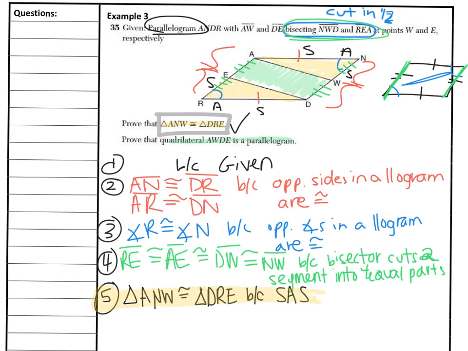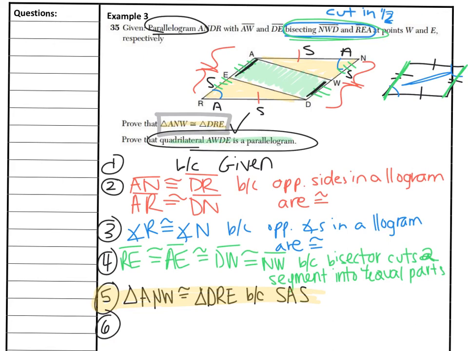Okay, so now the second one says prove that we've got this quadrilateral that is actually in fact a parallelogram. So we so far have one pair of opposite sides congruent. So from here we can either show that they are congruent and parallel or show that the other pair of opposite sides are congruent as well. So it's your choice. Either one will absolutely work. I'm going to go with showing that the other pair of opposite sides are congruent so that you can see using CPCTC again.